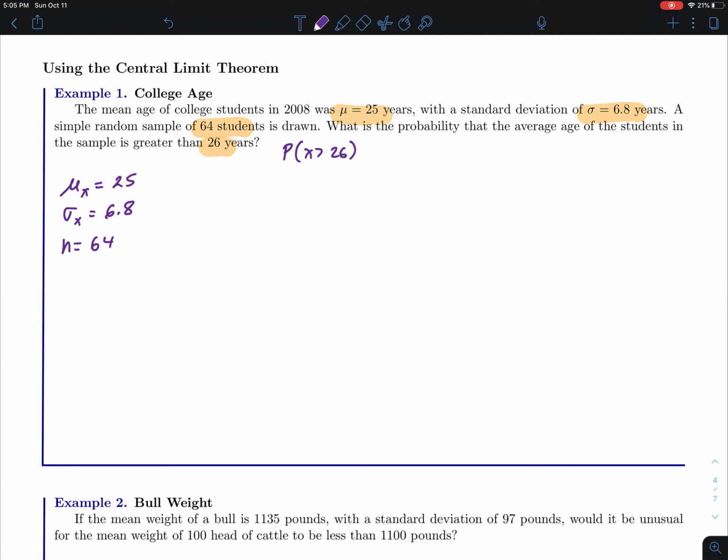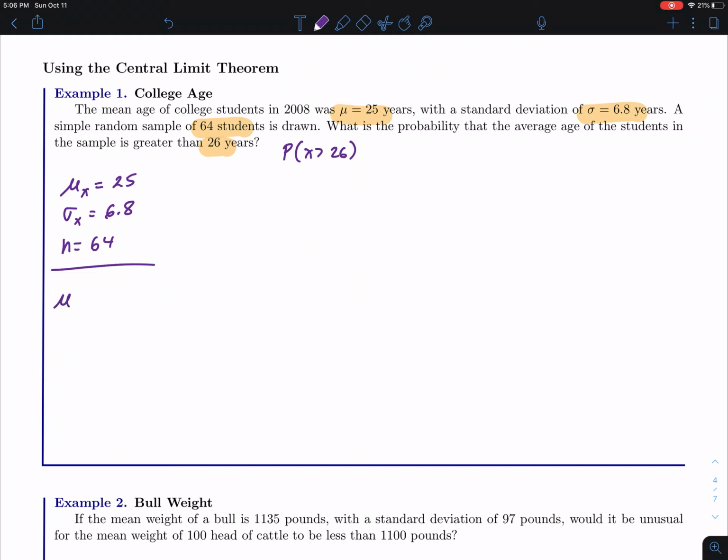So at this point, we can't use the normal CDF or inverse norm, any of those things. So we have to turn this into a normal set of data to be able to do that. So this is where we apply the central limit theorem and turn the mean and the standard deviation into a normal curve. Again, all this other stuff would be going on behind the scenes, but we don't have to do that. We just have to turn it into a normal curve.